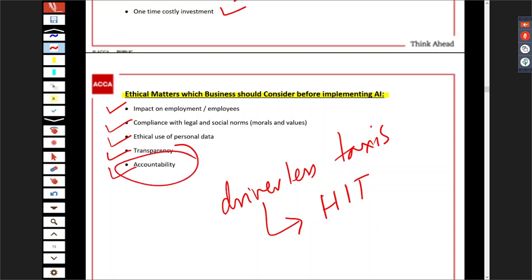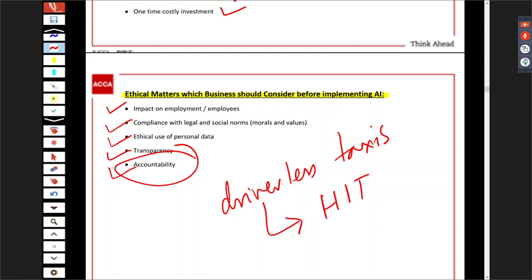There is no driver sitting in that car. It's that software. She doesn't know what death is, right? She's not a human. So accountability, what will you do? You will just shut her down, right? So these are some tough questions.